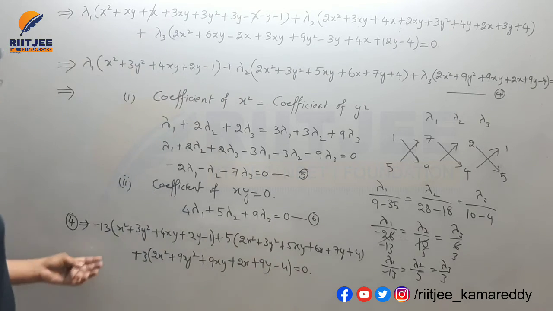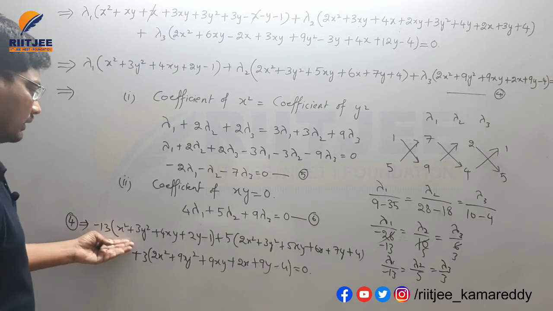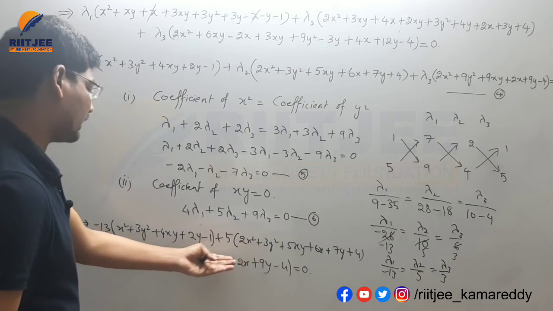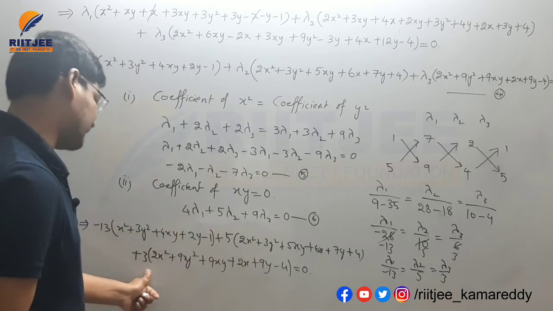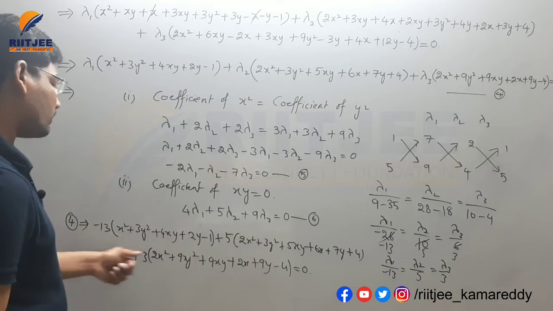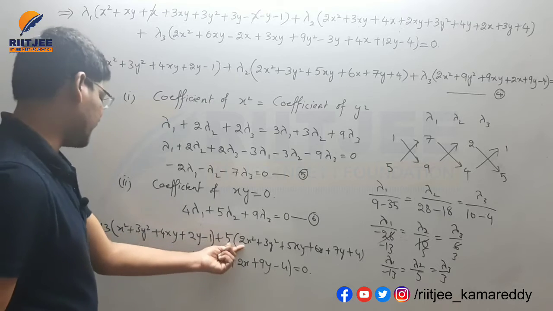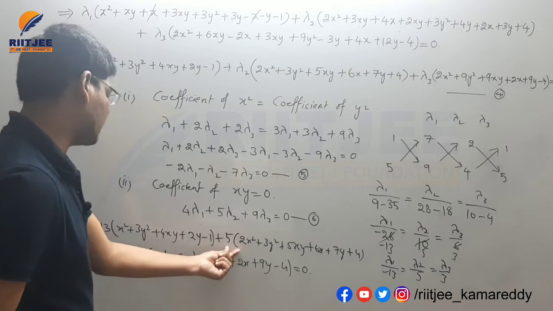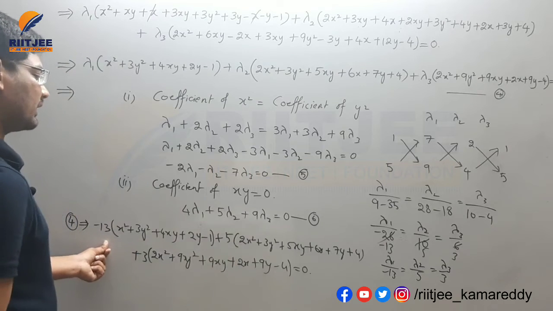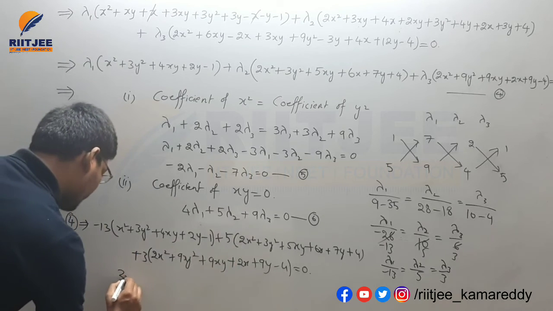The final expression is here: minus 13x square, here 2x square, 10x square and 6x square. Minus 13 plus 10 plus 6 plus 16, that will become 3x square.